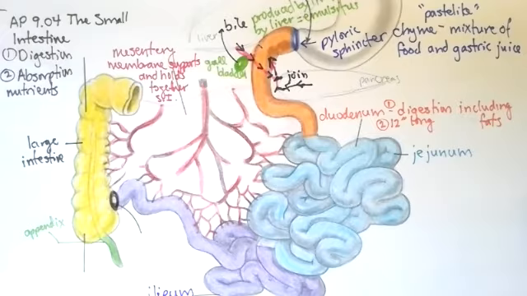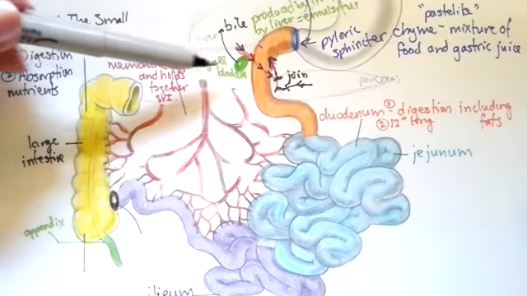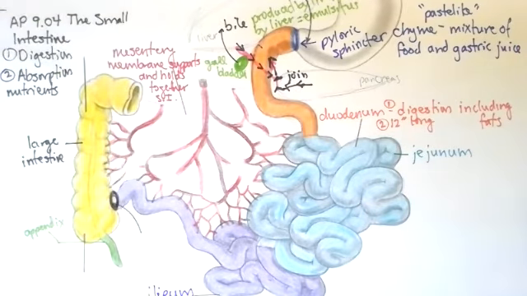Emulsification means you take a fat and you're able to mix it with water. Without this emulsification, it's difficult to get the fat to mix with the things you need it to mix with in order to break it down. So if you have your gallbladder removed, let's say you have gallstones, for example, it can be really difficult to digest fats. You have to watch your diet.